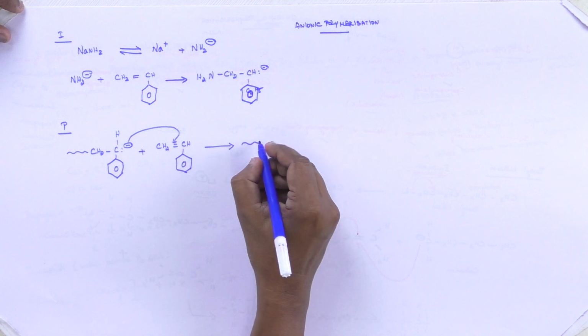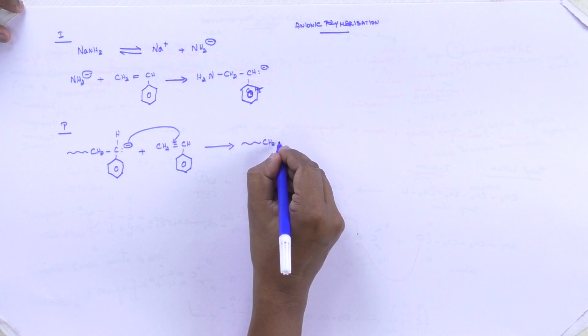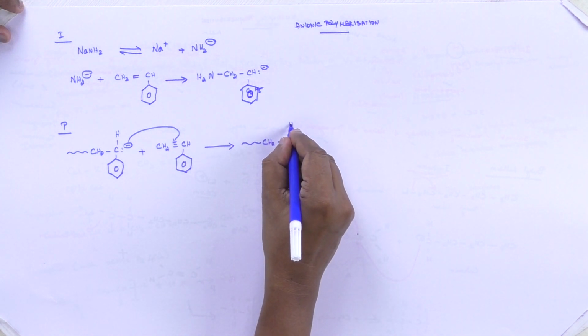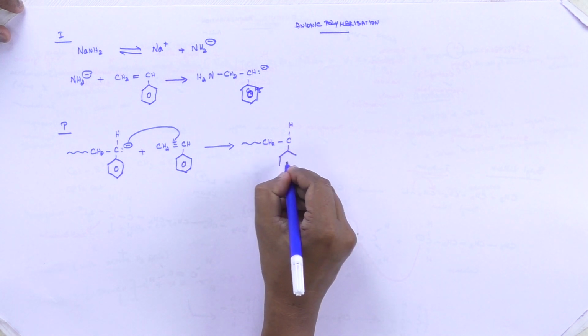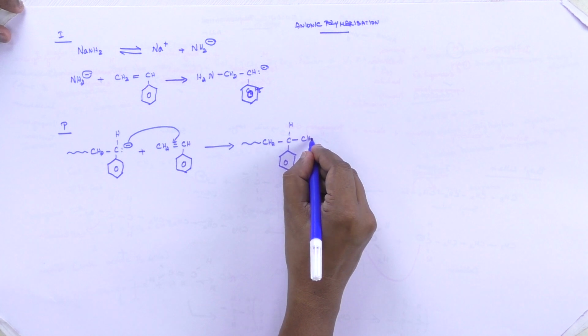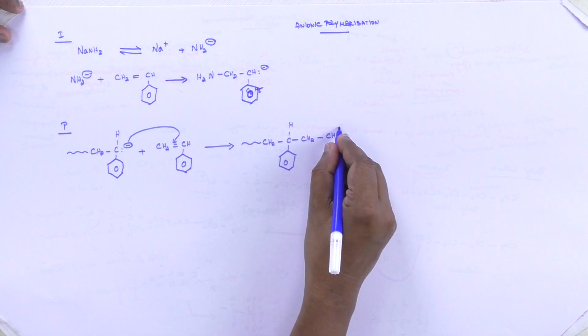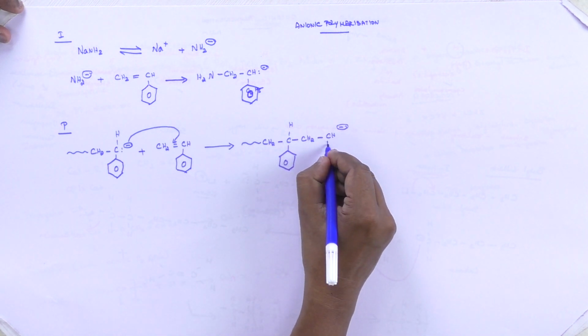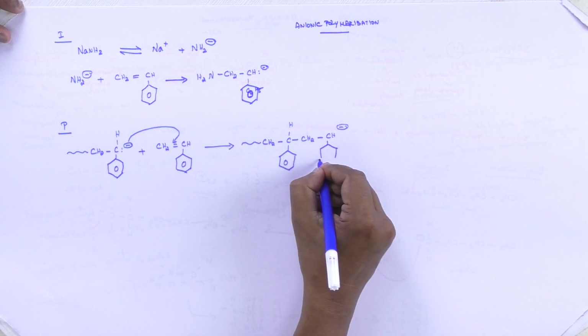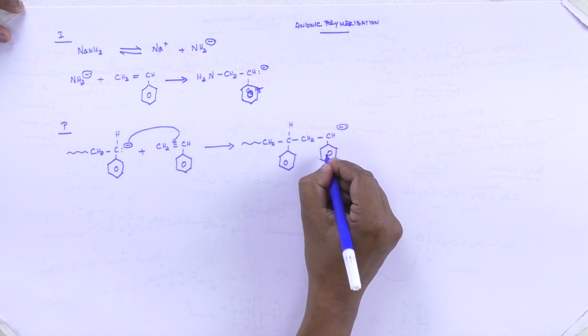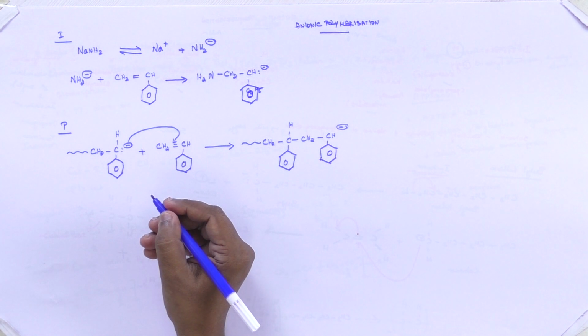Again you have the rest of the chain here, CH2, CH, you have this styrene, CH, the carbanion is the new center, and this is your propagation step.